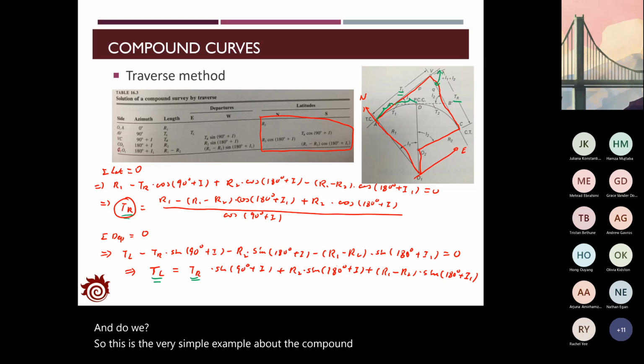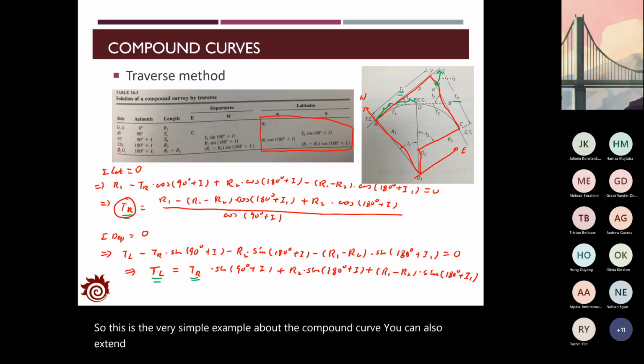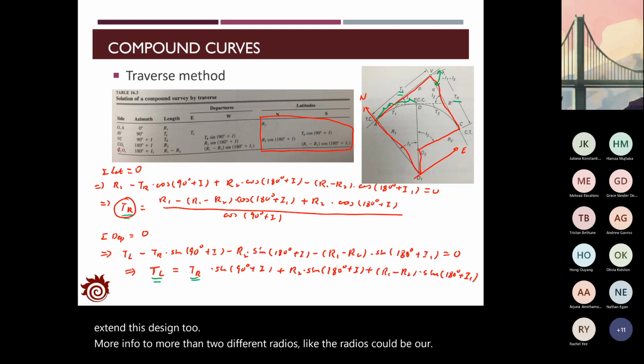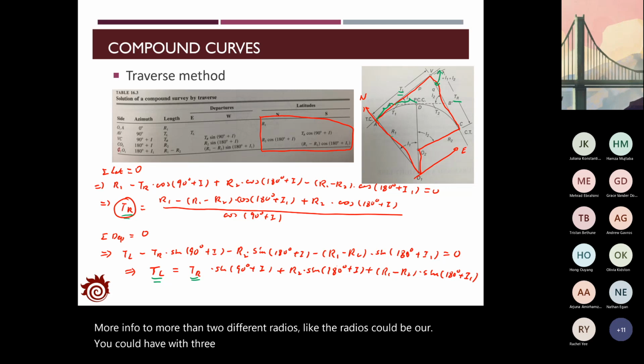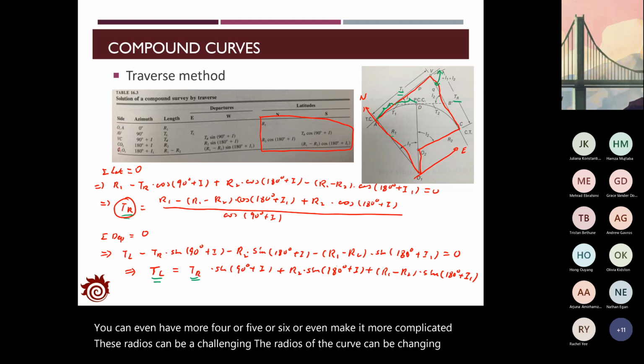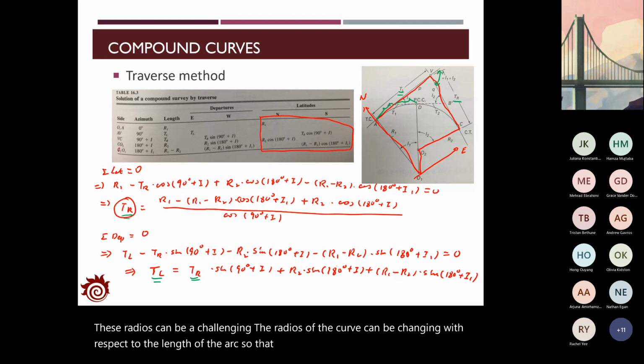You can also extend this design to more than 2 different radii. It could have 3 different arcs, with the radius of R1, R2, and R3. You can even have more, 4, 5, or 6, or even make it more complicated. The radius of the curve can be changing with respect to the length of the arc, so that you have a smoothly changing radius.